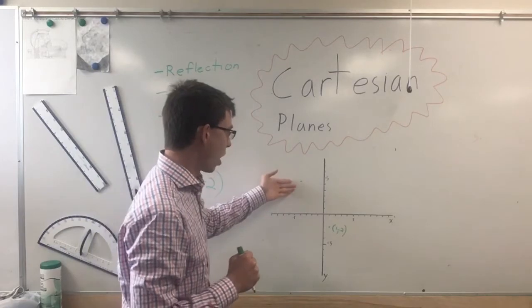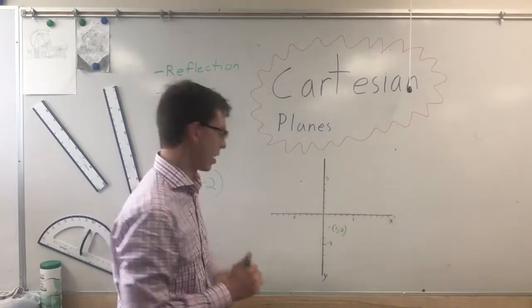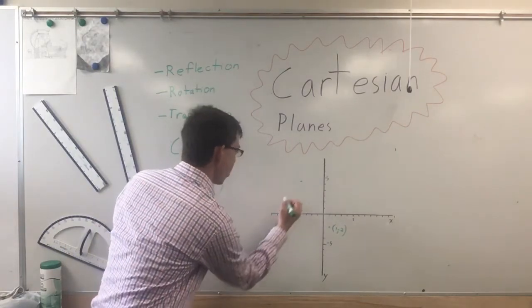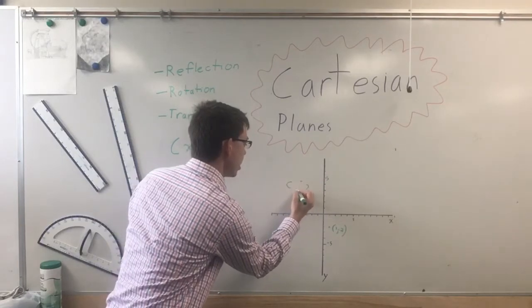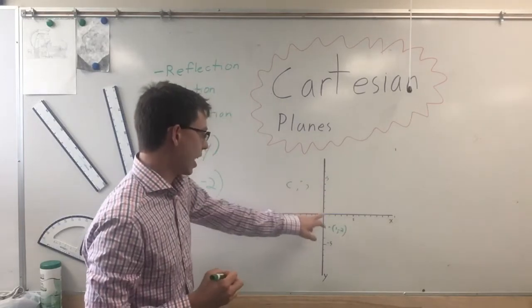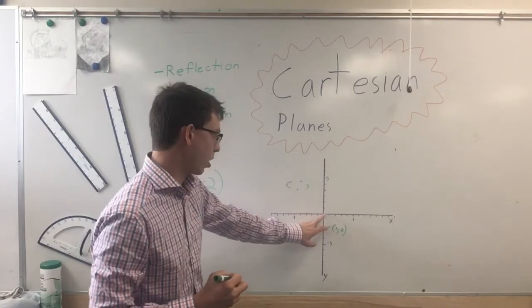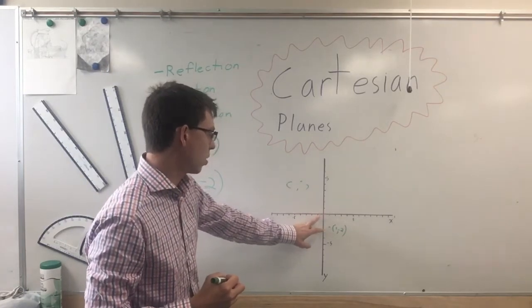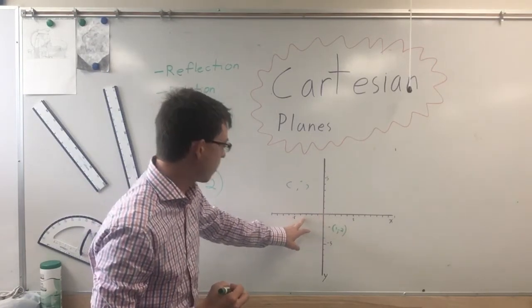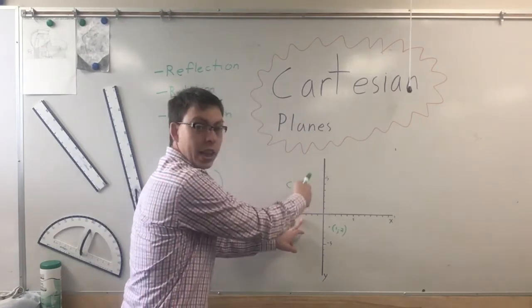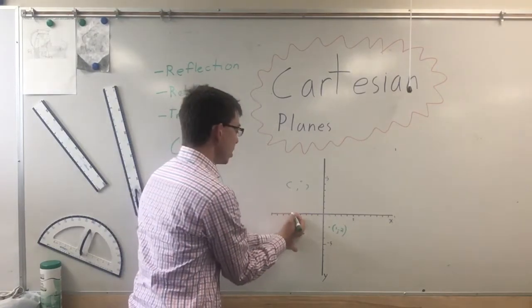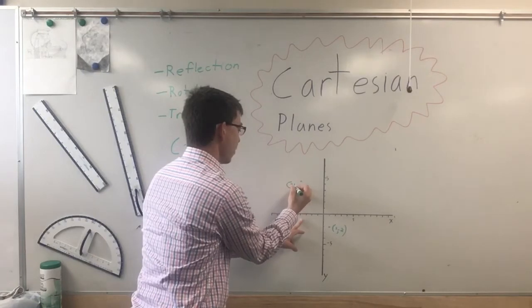I'm going to start with my x-axis. I'm going to start at 0 and go over to where it lines up. 1, 2, 3, 4, and I can tell that it lines up with the 4. So that first coordinate is -4.